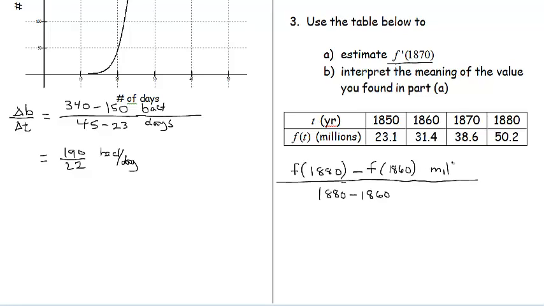Again, this is including the units in our work. Millions and years go down here. Okay, and it looks like once we subtract and divide by 20, we're going to get, oh sorry, this is positive, 0.94 millions per year.